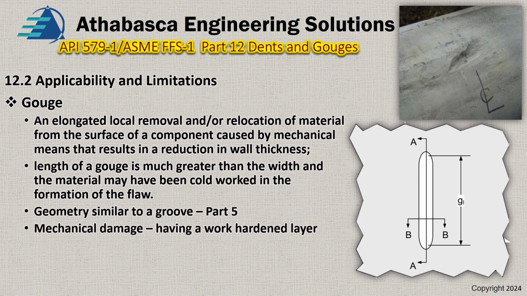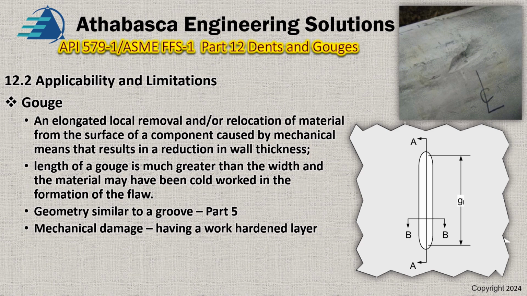So it's mechanical damage, and what happens is that you have a work hardened layer that's created as we gouge the surface, because in order to plastically deform the part and remove material, we'll leave some hardened material in the parent material behind.